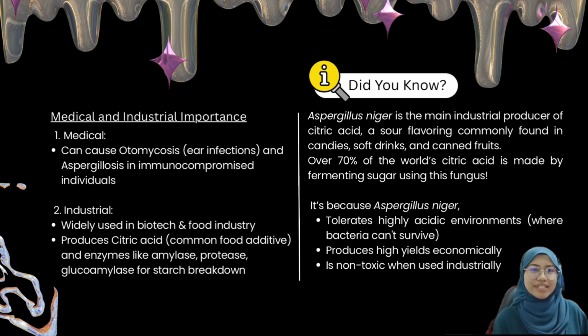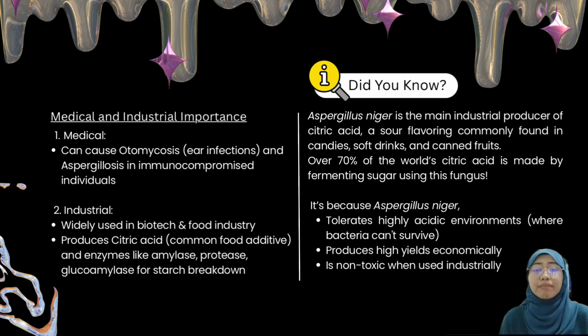However, the good news is that it is extremely valuable in biotechnology. It plays a major role in producing citric acid, which is widely used in food, especially soft drinks, candies, and canned goods, because it can survive high acidic condition and has a high production yield.